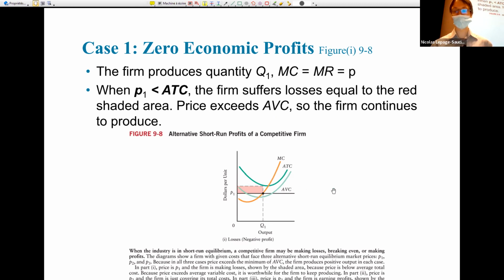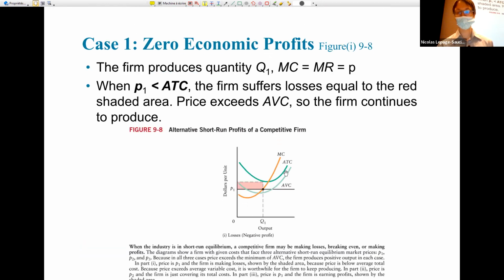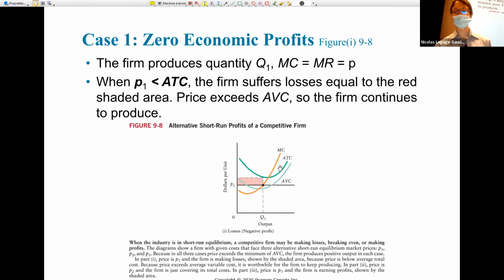Okay, but what's going to happen in the long run? So if, for instance, say, start with this situation right there. If the market price is very low and firms are making losses, what's going to happen? Are they just going to waste money? Yes?